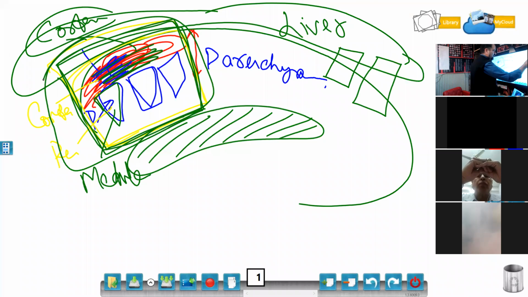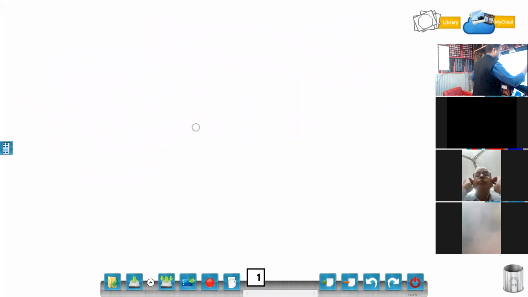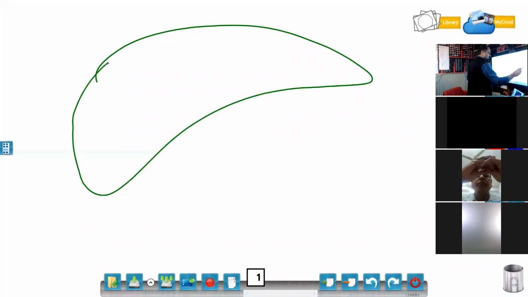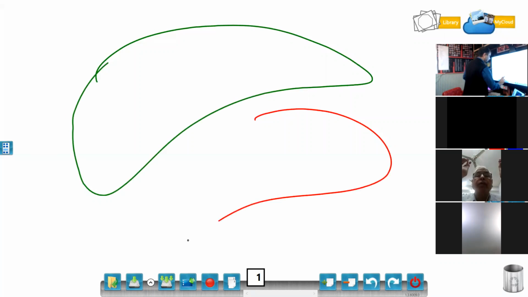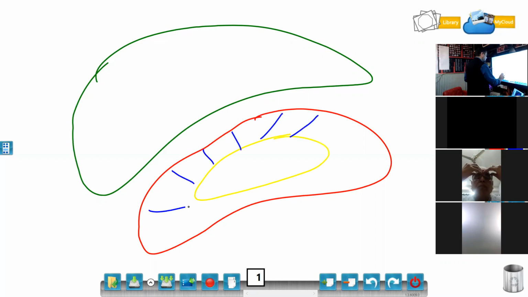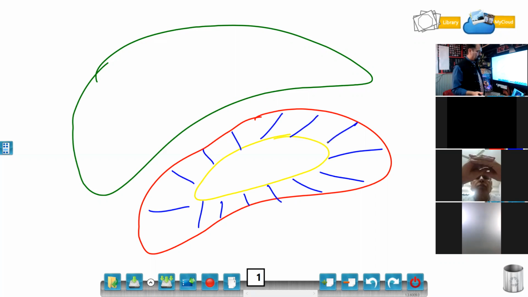Now, let me erase all this. This is the liver over here, and this is the kidney. In the kidney, we have the central part and this outer part. The outer will be parenchyma, and parenchyma is composed of cortex and medulla.